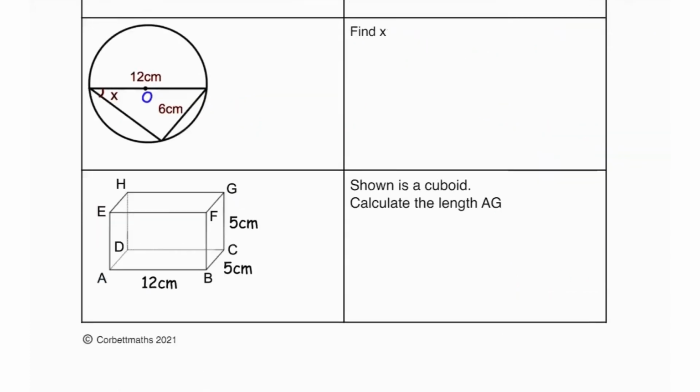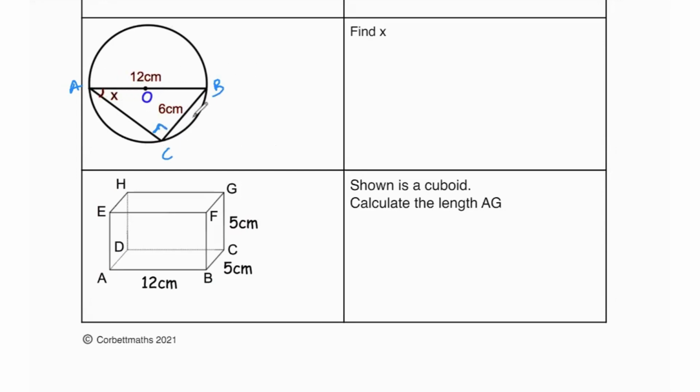Next question says, find the value of x. So we have this line. Let's call this A, let's call this B, let's call this C. AB is the diameter because it's passing through the center of the circle, and the points A and B are touching the circumference. So the angle coming out of the semicircle is always 90. So this is 90 over here, which means this is a right angle triangle.